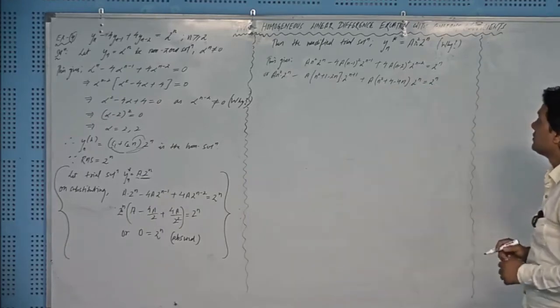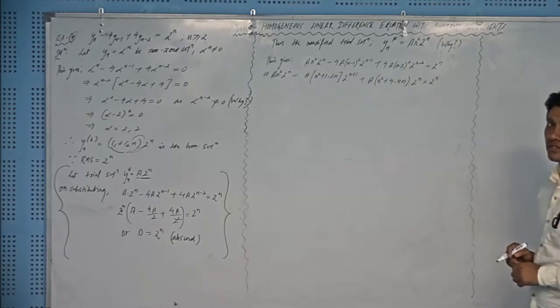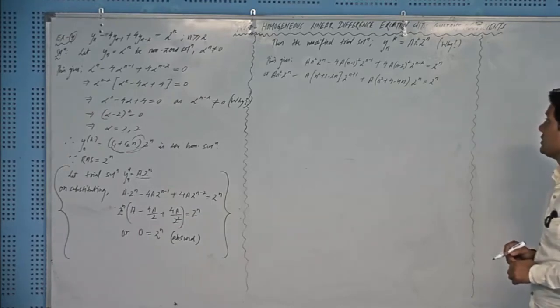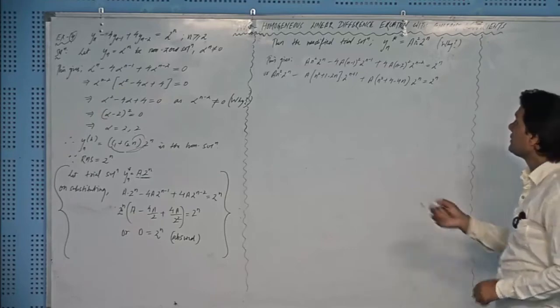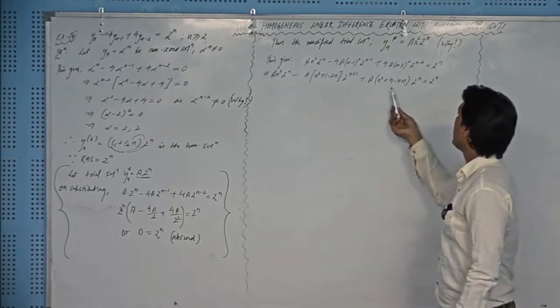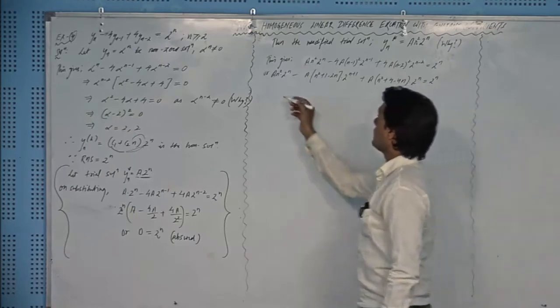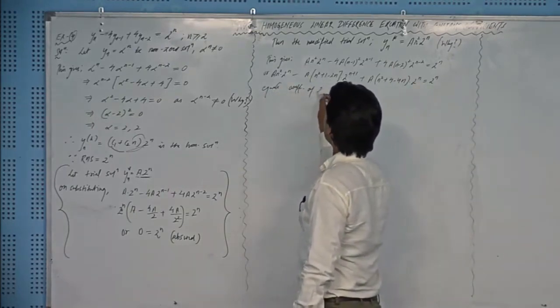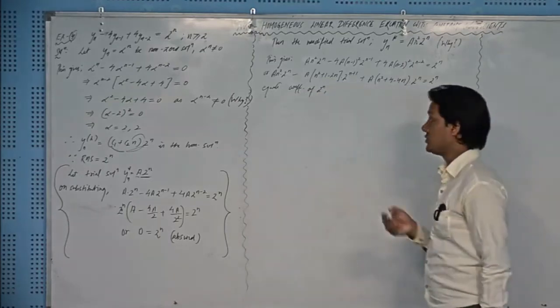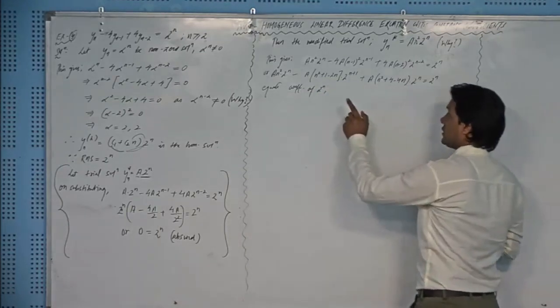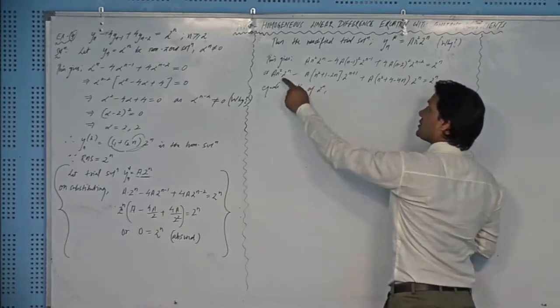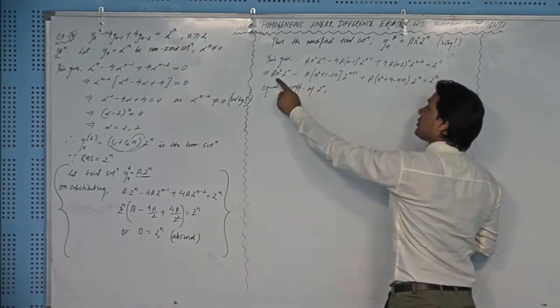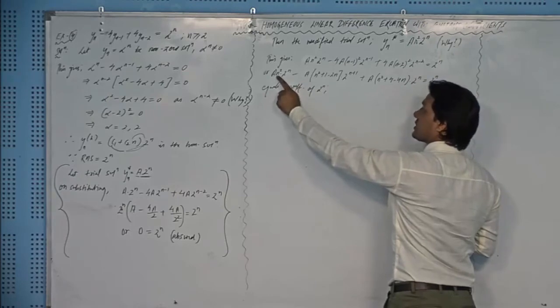Now we will equate the coefficients of like functions. First I will equate the coefficients of 2 to the power n. You should watch it very carefully. If you see the n squared term, it should be rejected, because you cannot write a n squared as a coefficient of 2 to the power n.